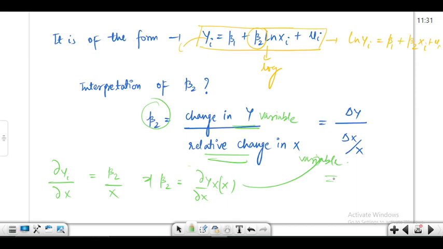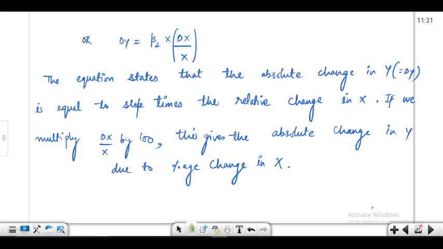This is a very simple model. If you have seen the previous video of the log-lin model, this is going to be very easy for you to understand, right? So we know what beta 2 is. If I write delta y in this form, this is also just a manipulation of the previous equation.